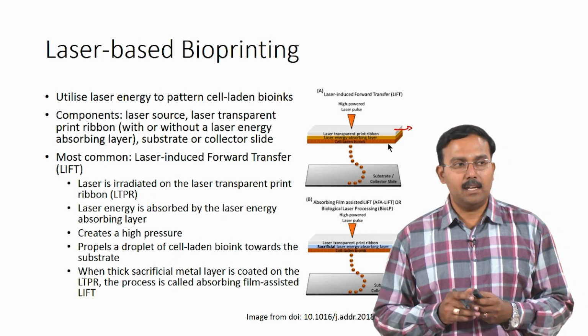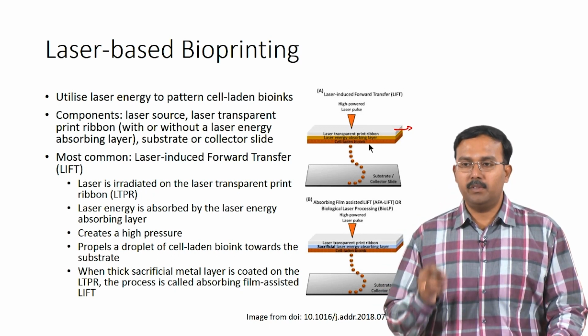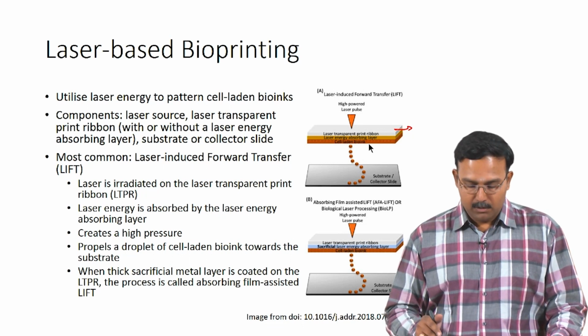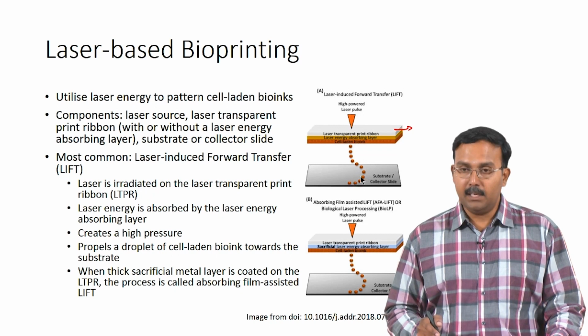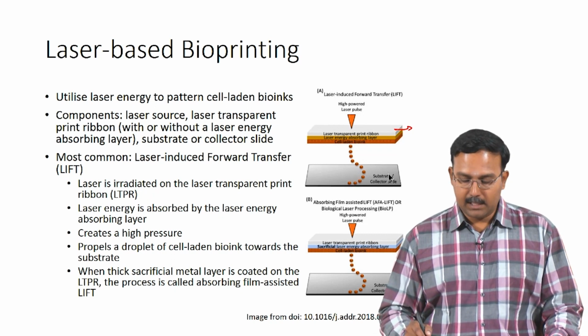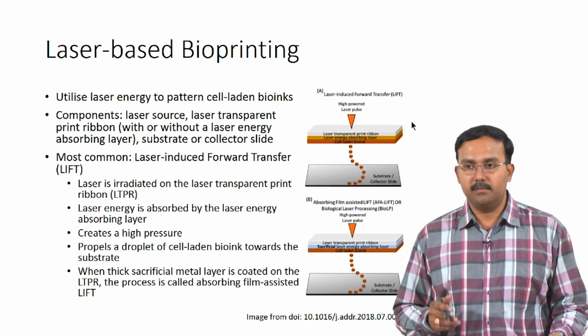This creates a lot of pressure on the bioink and propels a droplet of the bioink, and these droplets are collected on the surface of the substrate, which results in the formation of the 3D structure. So, this is the LIFT technique.